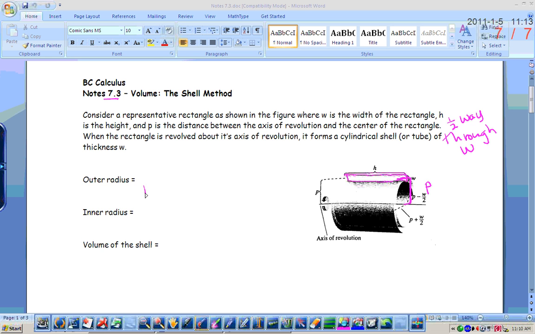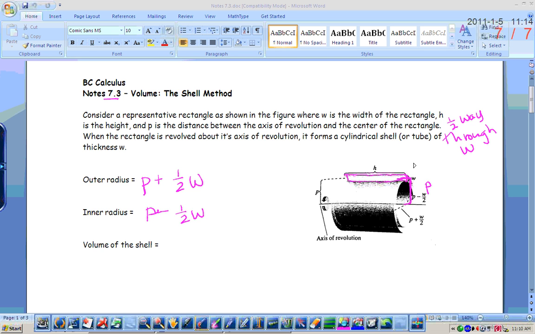Good, P plus 1/2 W. What would the inner radius, or the radius of the hole, be? Good, P minus 1/2 W, because by definition, P goes from the axis not to W, but halfway through W.